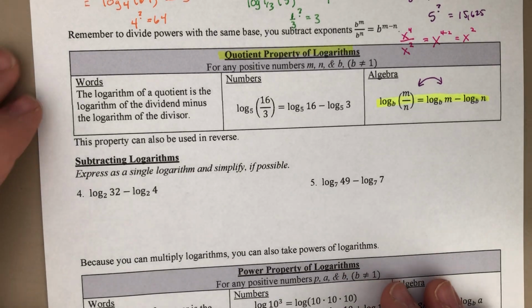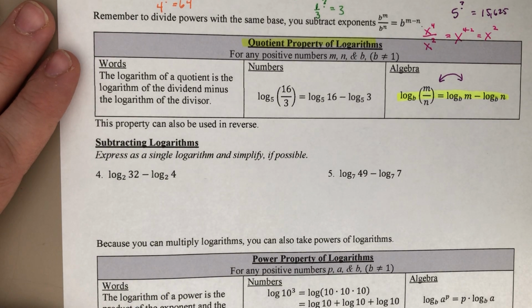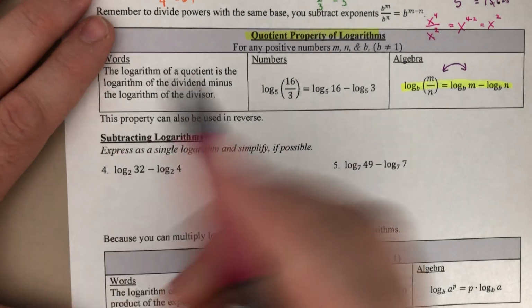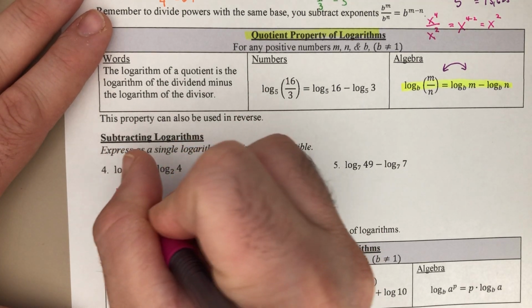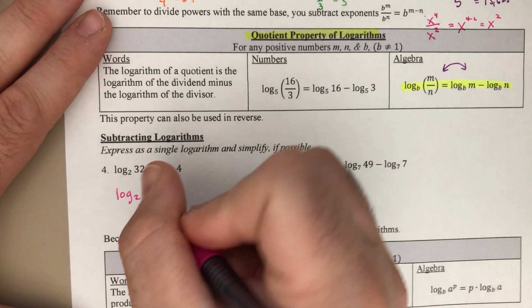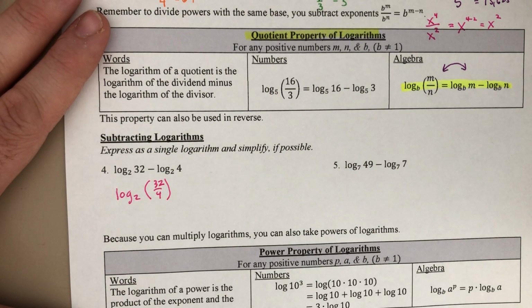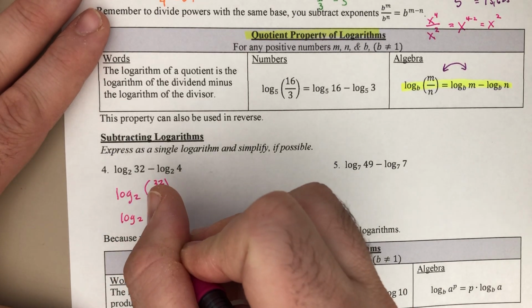So, first example here, express as a single logarithm and simplify if possible. Log base 2 of 32 minus log base 2 of 4. So our property says we have the same base, log base 2. Now we can take them and do a division, 32 divided by 4. Well, 32 divided by 4 is 8, so this is log base 2 of 8.